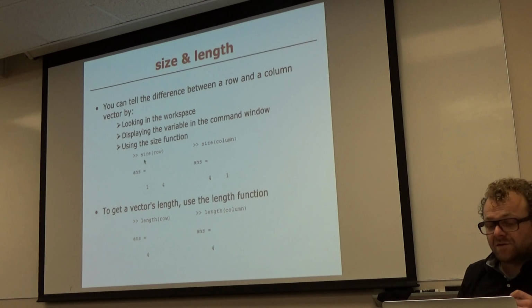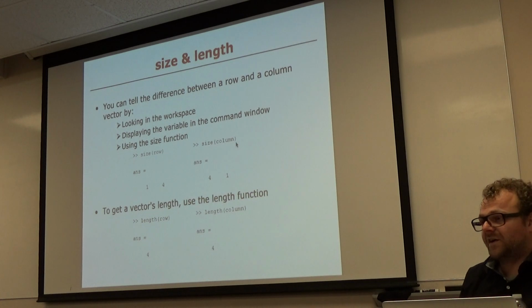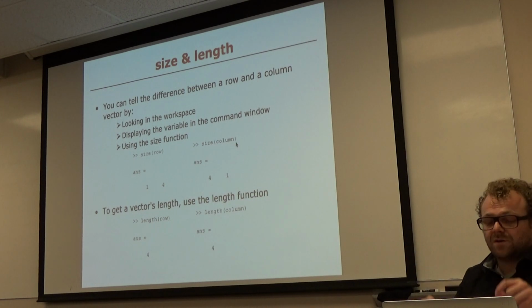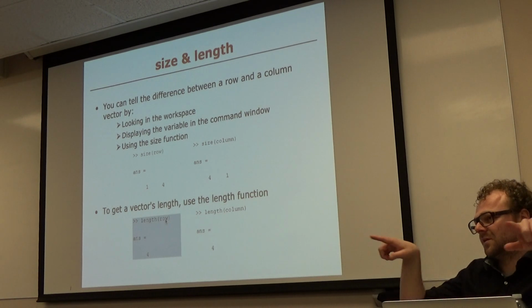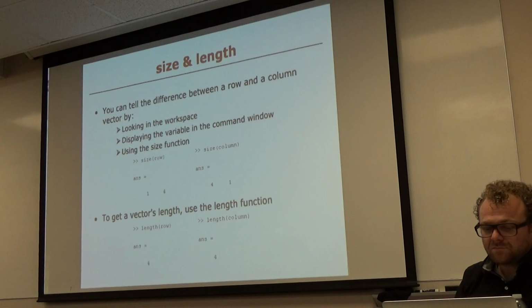And then you can ask what's the size of a row vector, what's the size of a column vector, and it gives you the two different sizes. The length is always the longest dimension that you have.